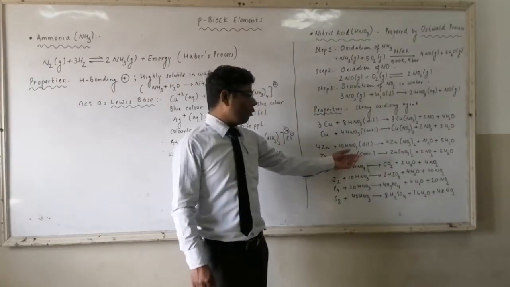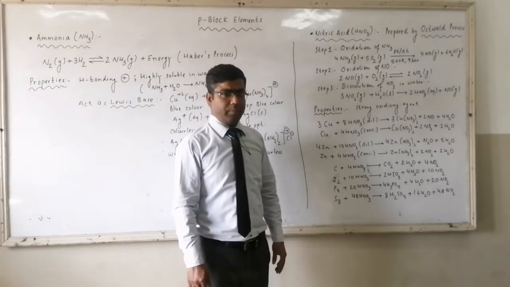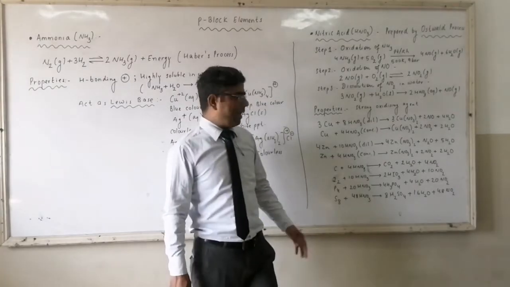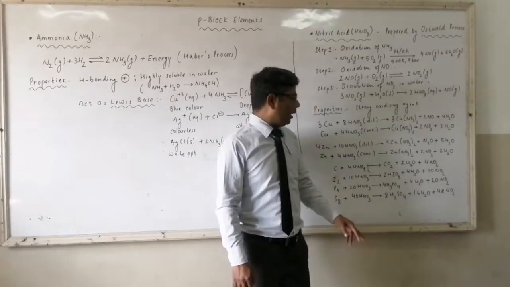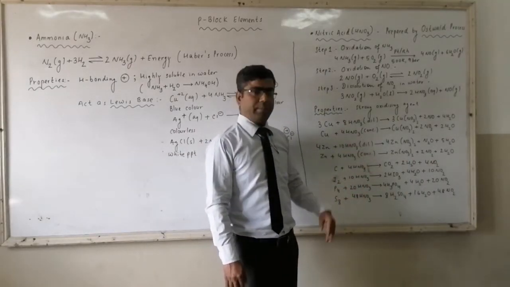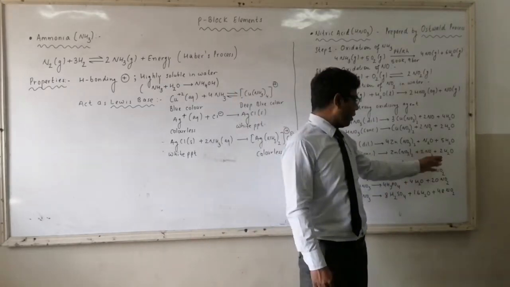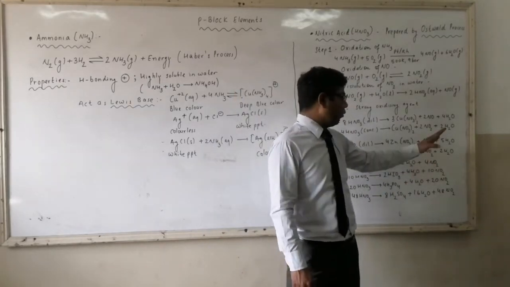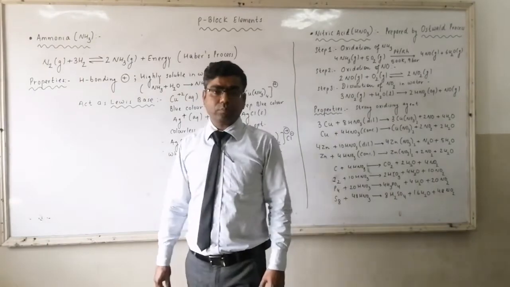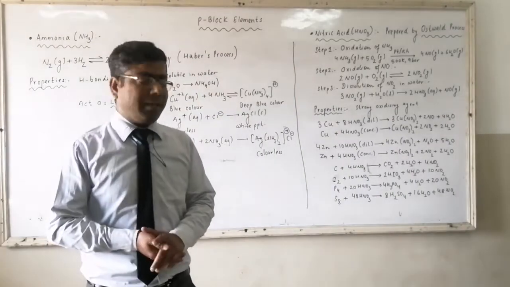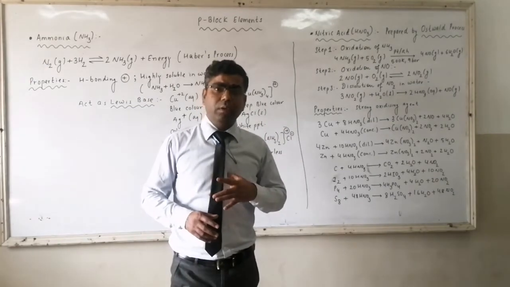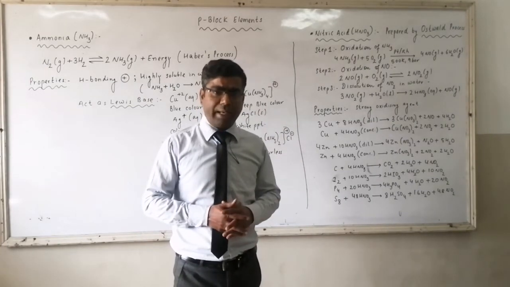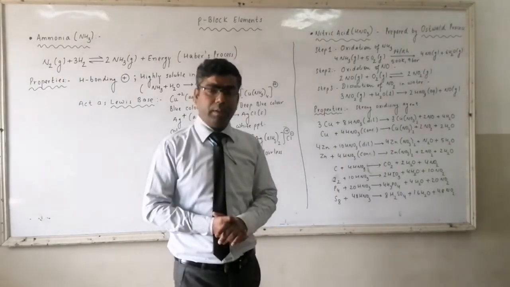If it is concentrated HNO3, then with zinc we get zinc nitrate, NO2 will be formed, and 2 molecules of water will be released. So it can oxidize metals like copper and zinc to nitrates with the release of oxides of nitrogen in the form of gas, and water is also formed.